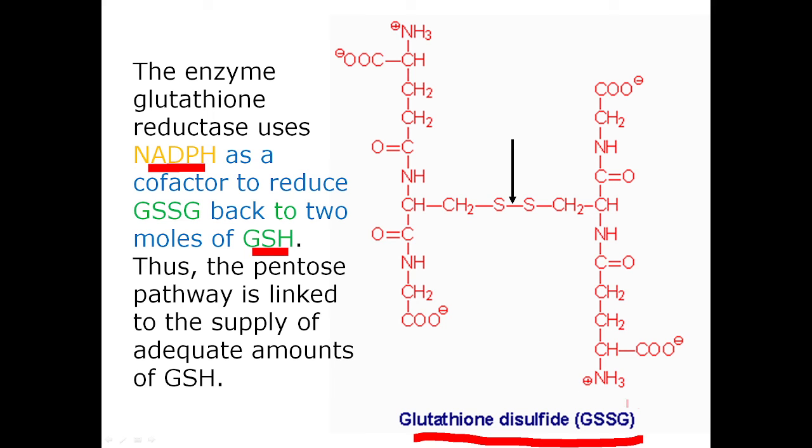In that case, this NADPH, which is produced via the pentose phosphate pathway, will come into action. It will say, okay, these are linked together, I will come here and break them, and I will give one hydrogen here, and I will make reduced glutathione from the oxidized glutathione. So again, this reduced glutathione will be helpful to prevent the oxidative damage.